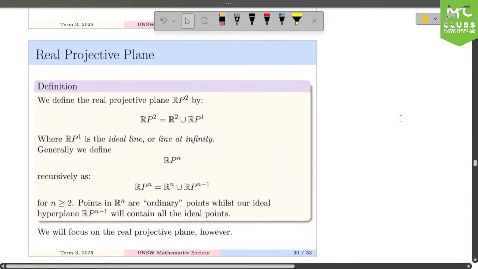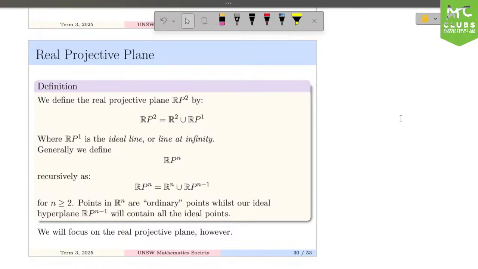So, firstly, we define RP1 to be this magical line off at infinity, and then RP2, the real projective plane, is equal to R2 union the ideal line.